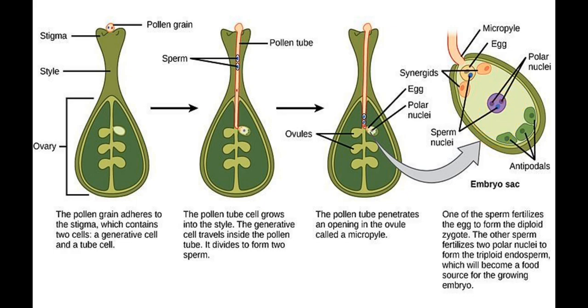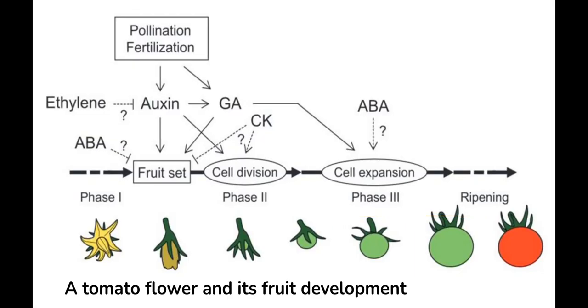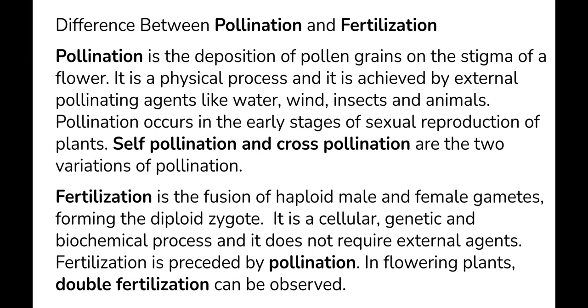This cell is necessary to form a source of energy for the growing embryo after germination of the embryo. Okay, here are some stages of the fruit development. We will not go much into details.